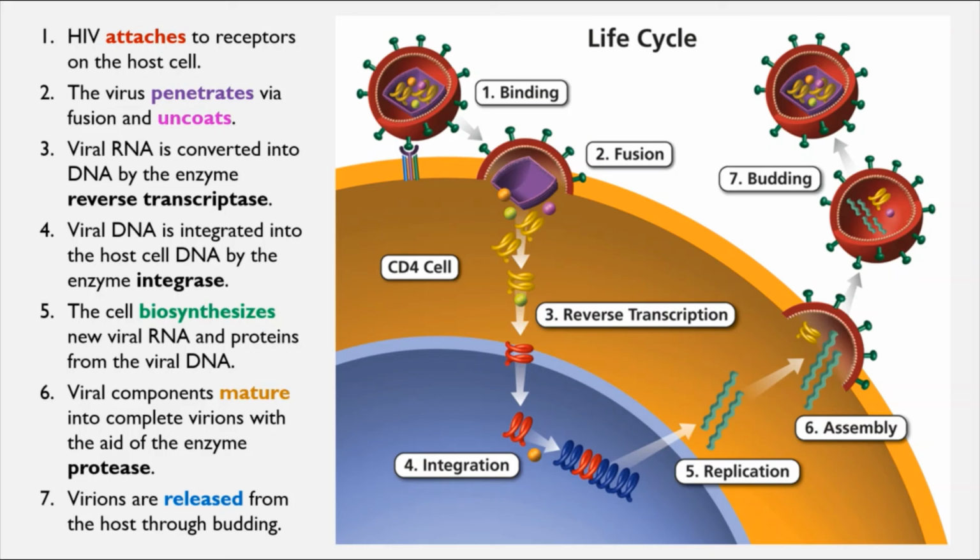Scientists aren't entirely clear why, because we know that it's not through the release of the virus that they die. The viruses are released through budding. However, over time, the immune system cells do start to decline, and that's when a person begins to experience the acquired immunodeficiency syndrome, or AIDS, that results from a long-term HIV infection.